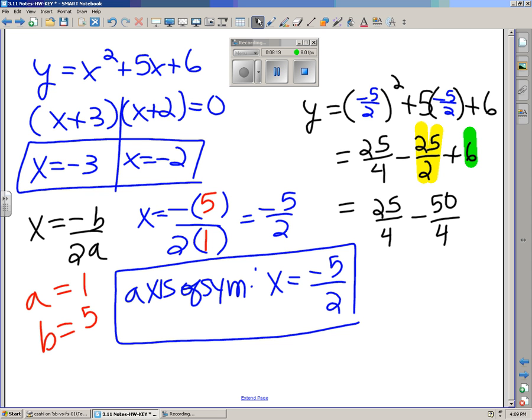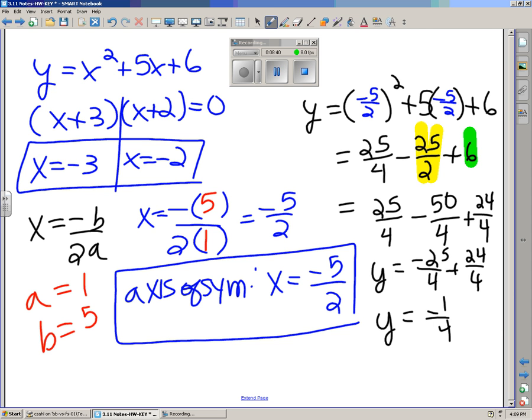And 6 over 1 equals 24 over 4. So now when I look for my y value, 25 minus 50 is negative 25 fourths plus 24 fourths. The y value is negative 1/4, which means vertex.